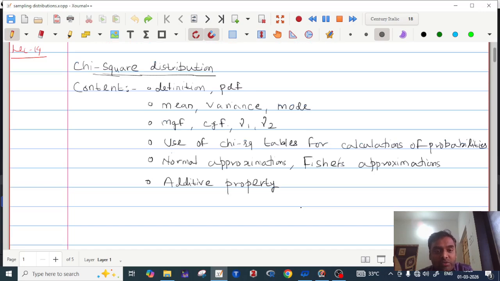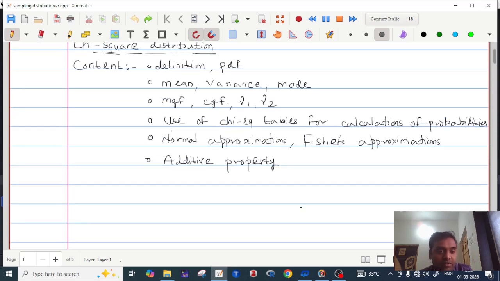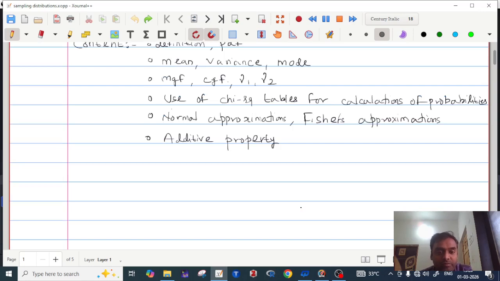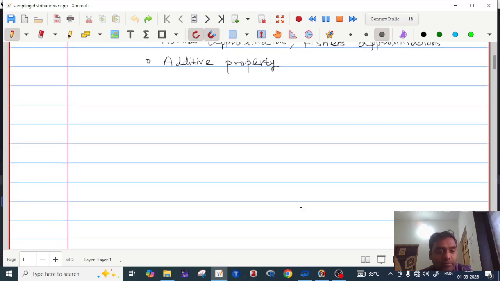Content of the chi-square distribution is we will discuss all these topics. Let's start from definition of chi-square distribution. How to define this chi-square random variable?